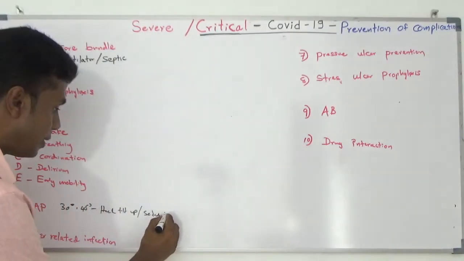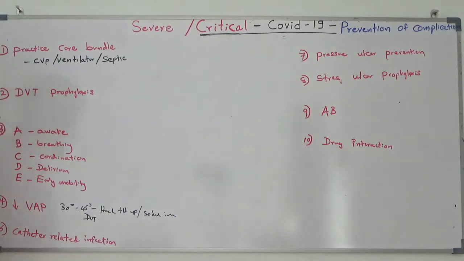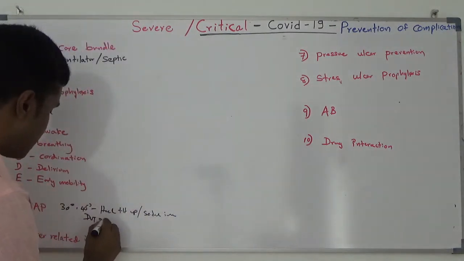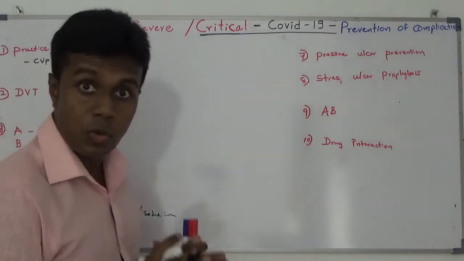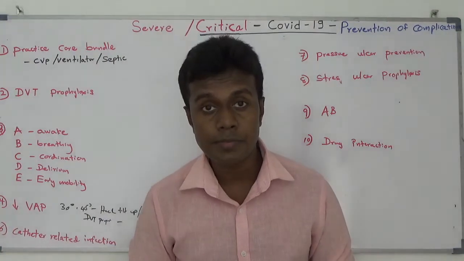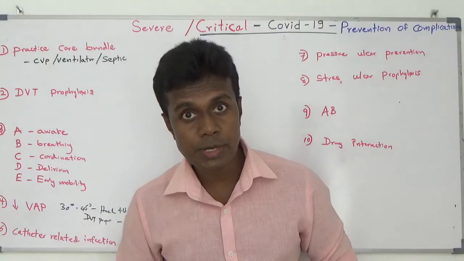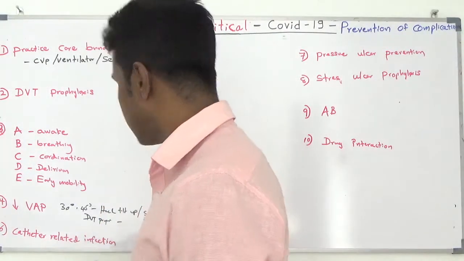DVT prophylaxis you have to consider to reduce ventilator-associated pneumonia. In the COVID-19 patient, you have to consider closed suctioning, because suctioning is an aerosol-generating procedure. Otherwise, you contaminate the whole area. Closed suctioning.